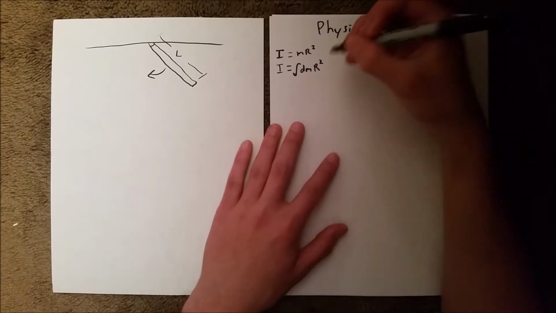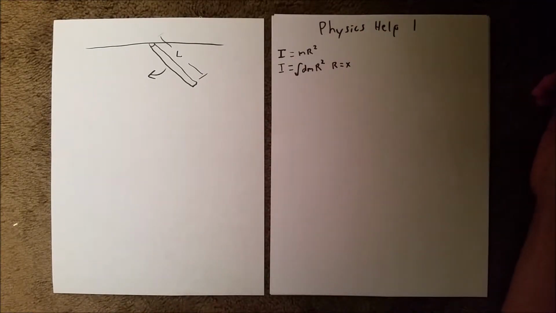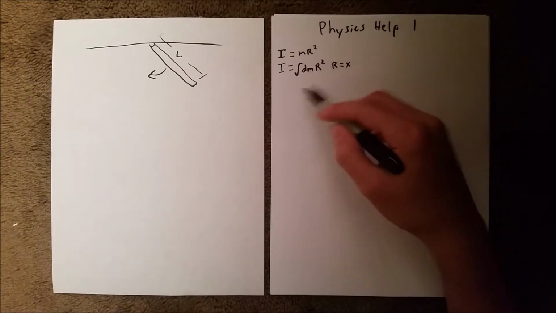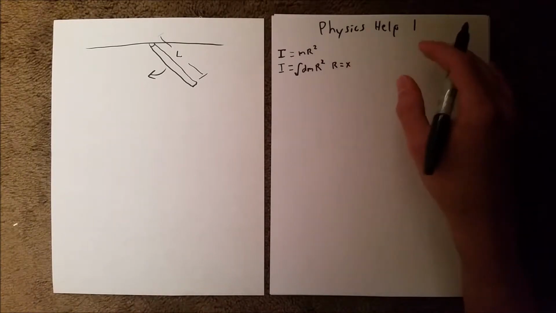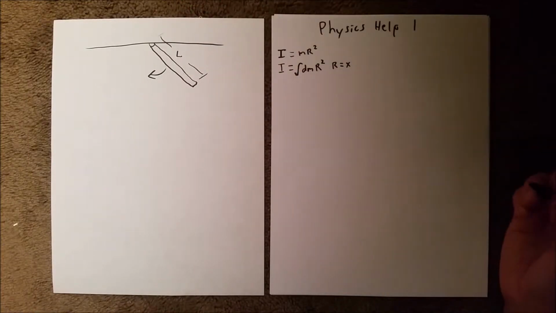And I'm going to denote r as x, just because I find that easier to do in an integral, as far as keeping track of everything. And x is just how far down the rod we are.